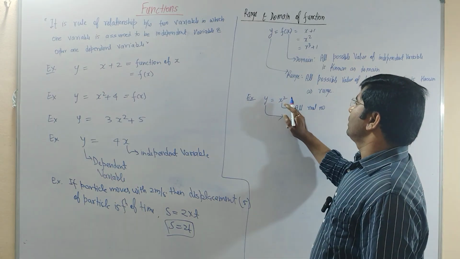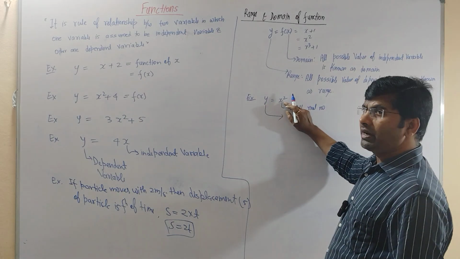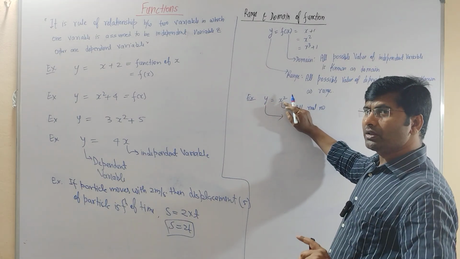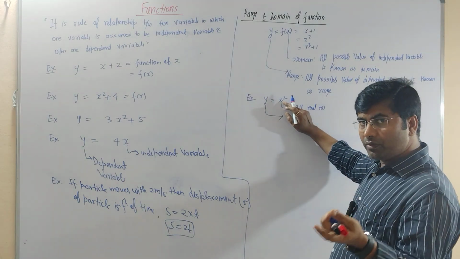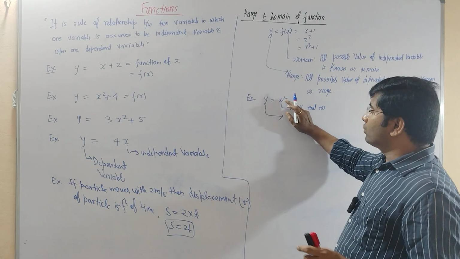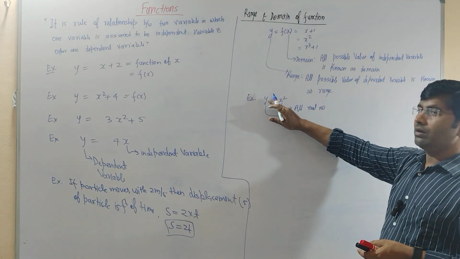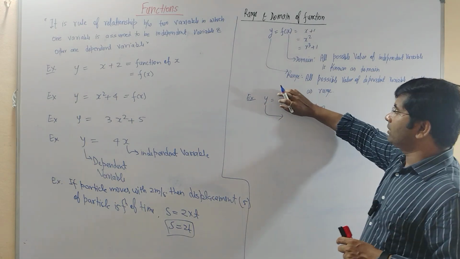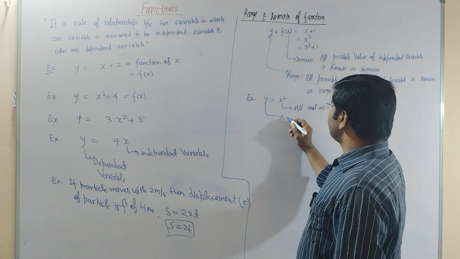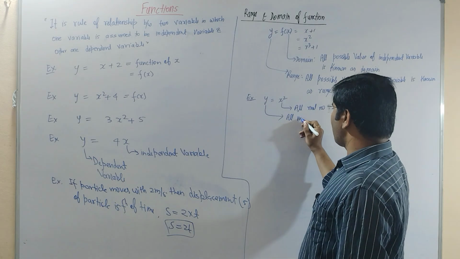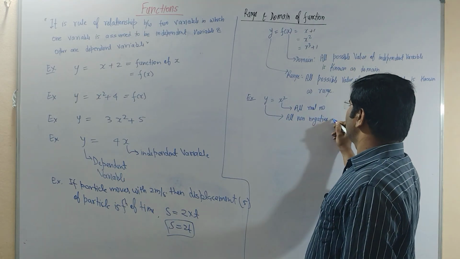But here we will not get anything. The input can be positive or negative, but here we'll get only positive, because minus 1 square is 1, plus 1 square is 1. For minus 2 square it is 4, plus 2 square 4. So we are putting minus and plus, but in place of y, that means x square, we get only non-negative numbers.